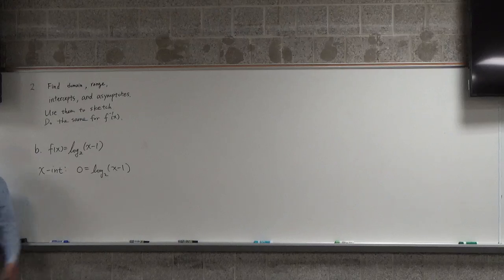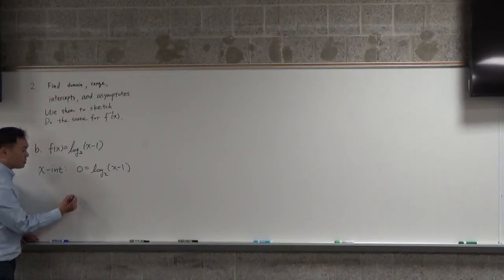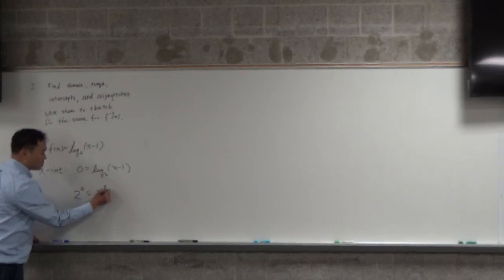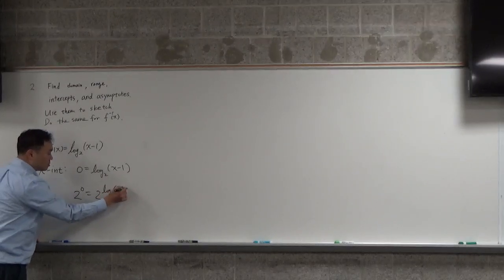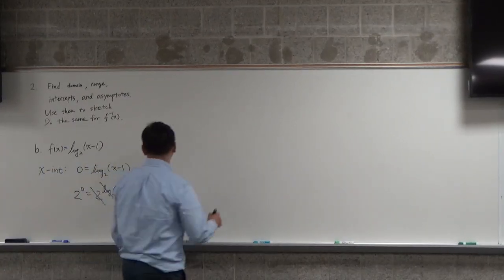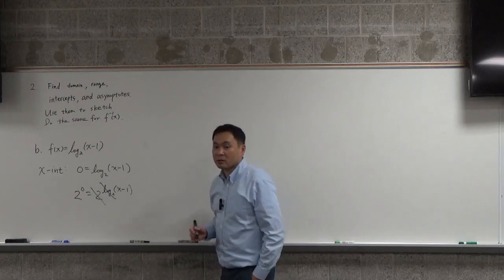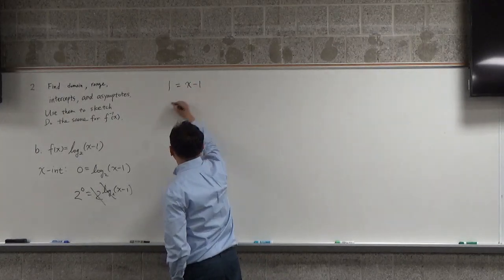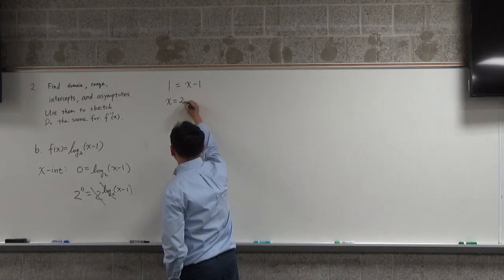We're trying to solve for x. Not e. e would be if it's ln. Put it over 2, so that these two will cancel out. What's 2 to the 0th power? 1 equals x minus 1, and therefore x is equal to 2.